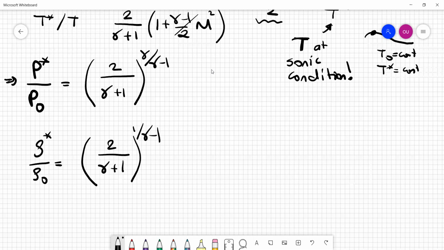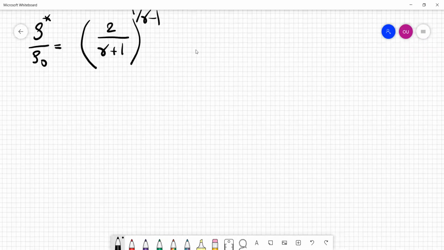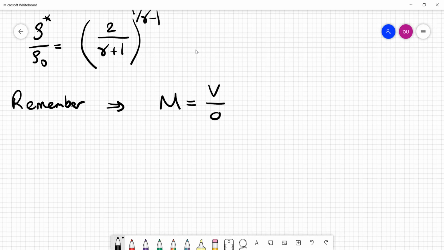Now we will make another definition. This is quite important in high-speed aerodynamics as well. First, remember our Mach number definition. We defined Mach number as the ratio of speed to speed of sound.